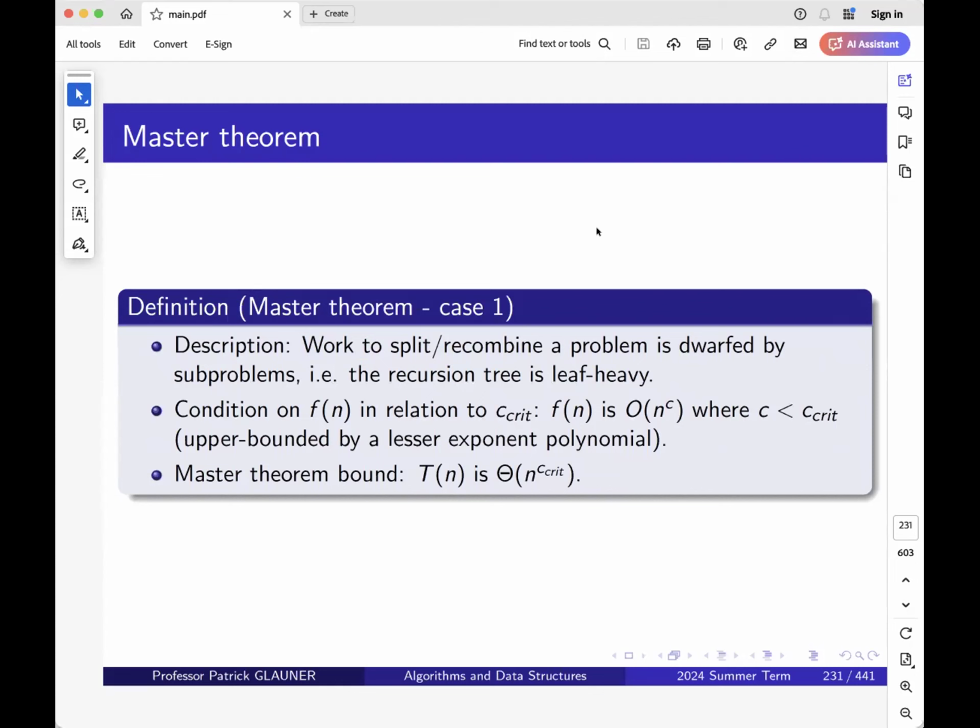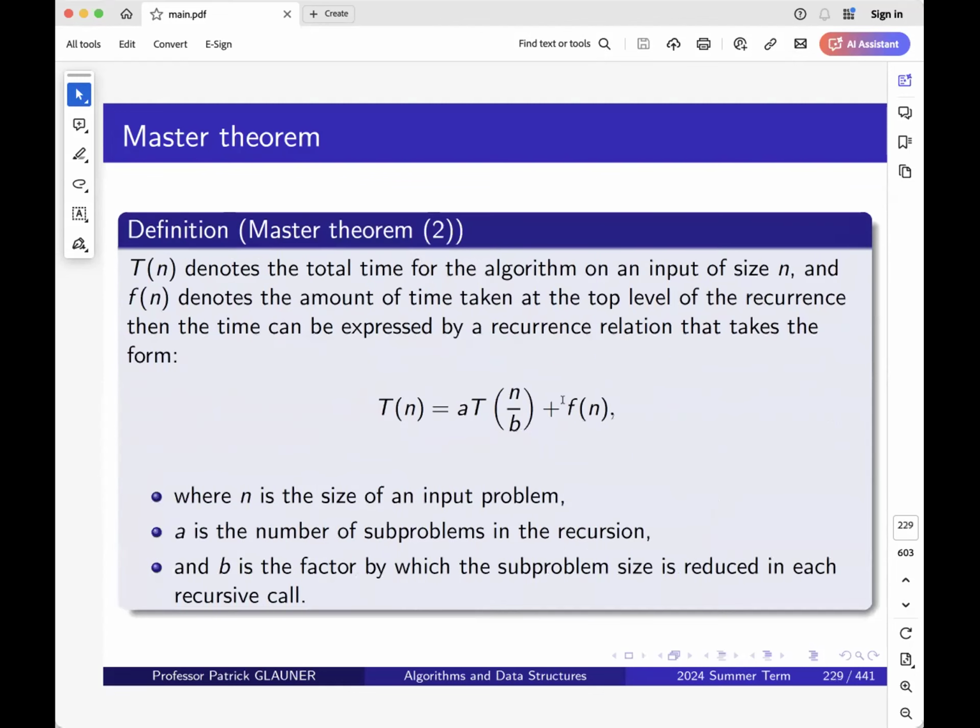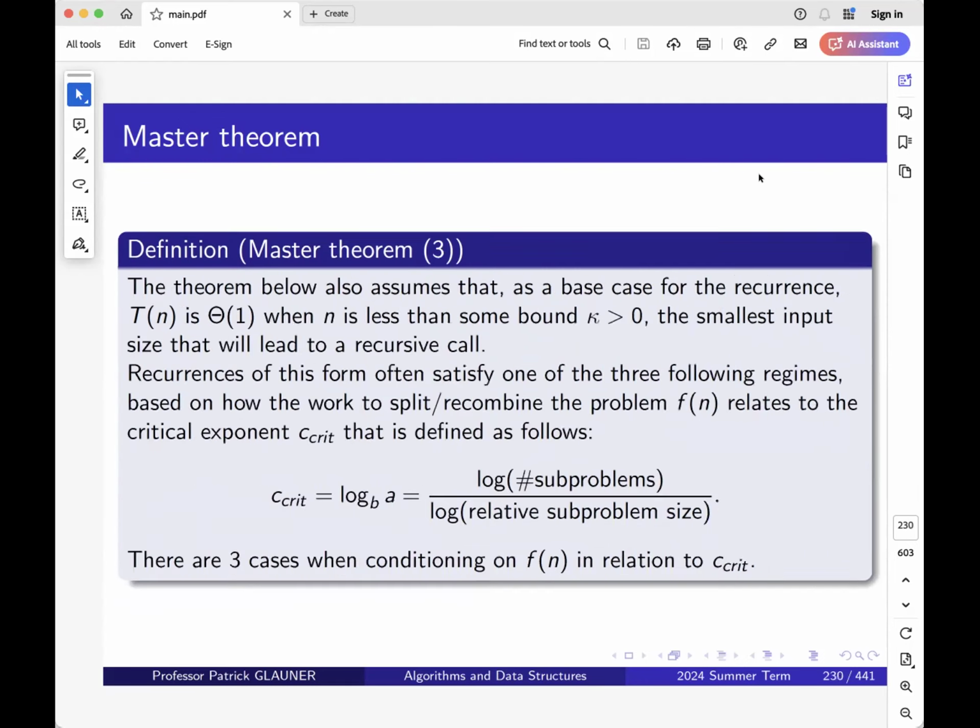And we can look at that. Remember, we have our f of n. This f of n is the work we would do for combining, this extra work for split and combine, when we get the results from the recursion and try to combine something. That is f of n.